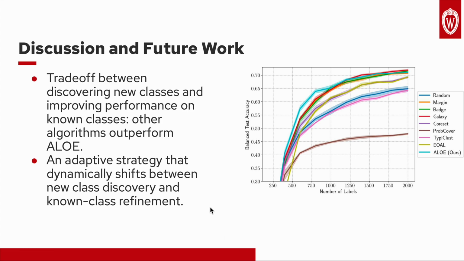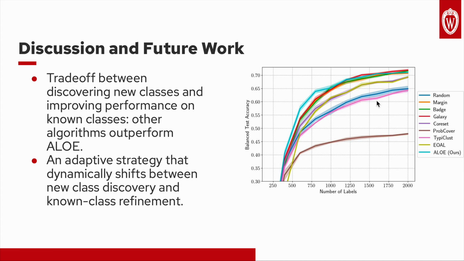In discussing our results, it is important to acknowledge this trade-off between new class discovery and learning of known classes. Our experiments suggest that there is a balancing act. We want to explore and discover as many new classes as possible, but we also need to refine the model's performance on the classes that are already known.